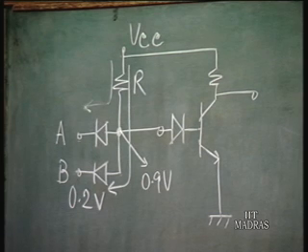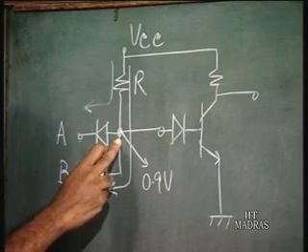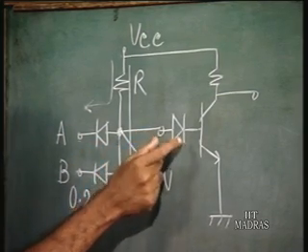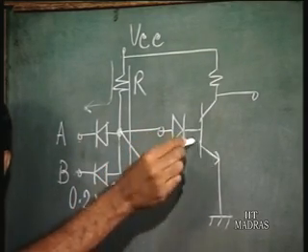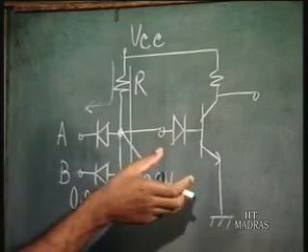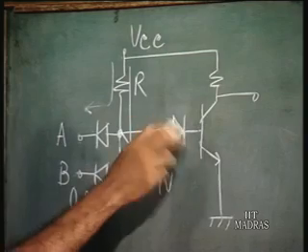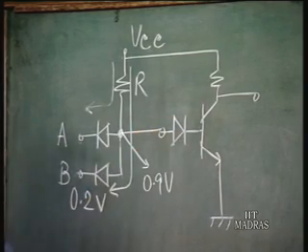Now this voltage is 0.9 volts here. What happens is, this 0.9 volts is going to be dropped across this diode as well as this base emitter junction. Considering that the base emitter junction is also a PN junction, these diodes are quite similar, the base emitter junction diode as well as this external diode.